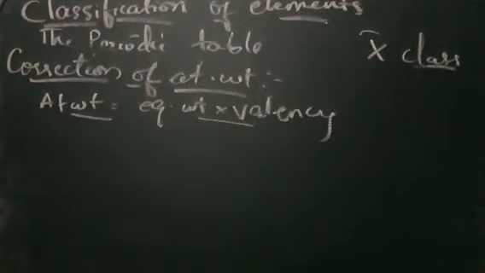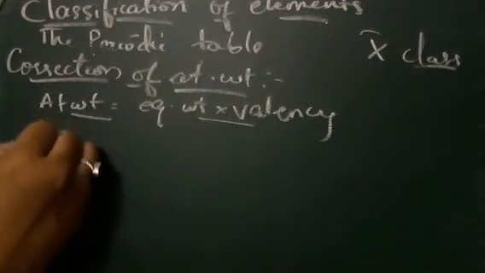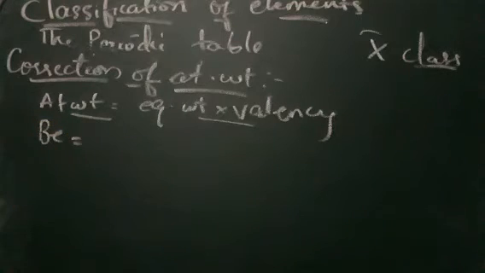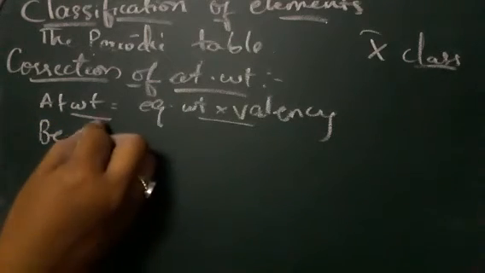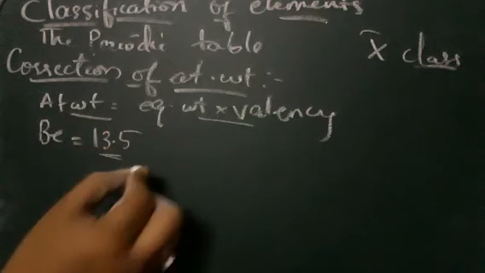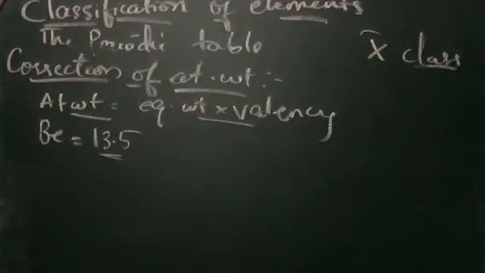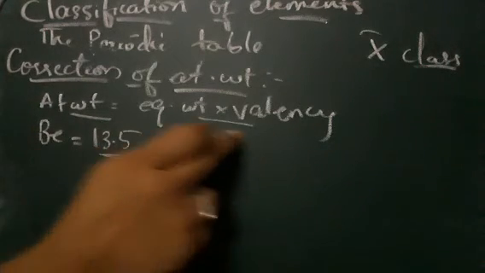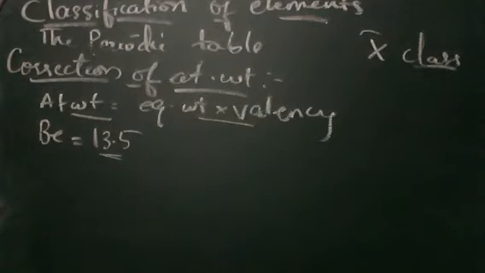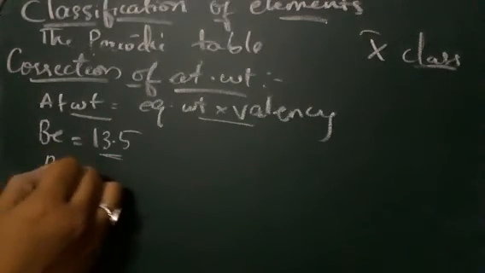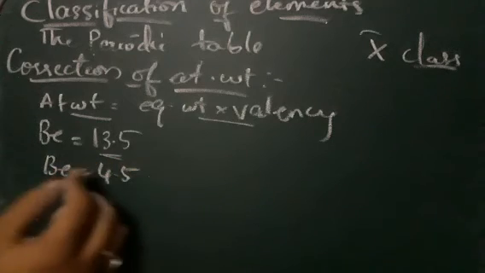Now when they calculated according to this, they found the actual weight. The weight of beryllium before was 13.5. Later on, when they calculated experimentally using the equivalent weight and valency, they found that its weight was 4.5.